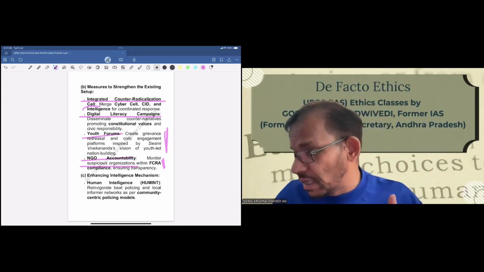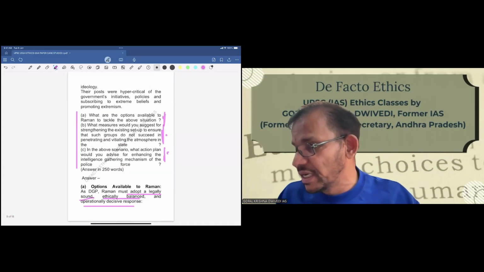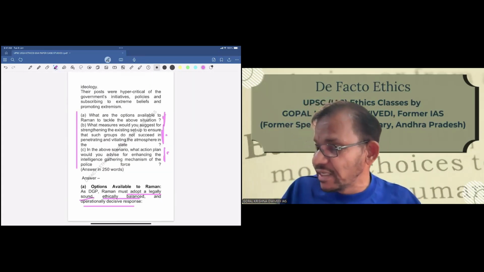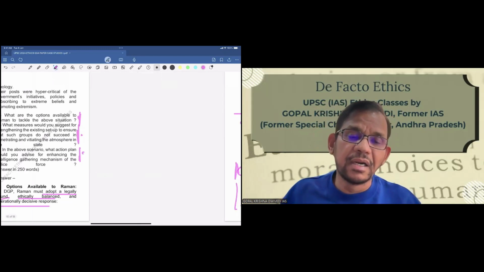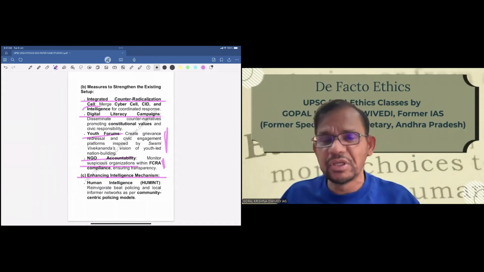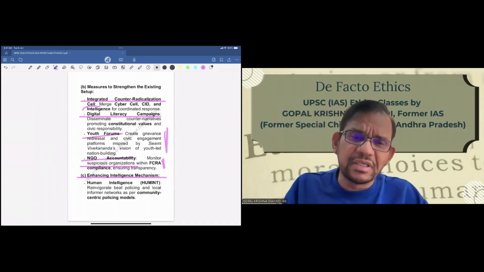Now, the third part of the question, if you see, is: in the above scenario, what action would you advise for enhancing the intelligence gathering mechanism of the police force? So, enhancing the intelligence mechanism. You see, these questions are very specific.